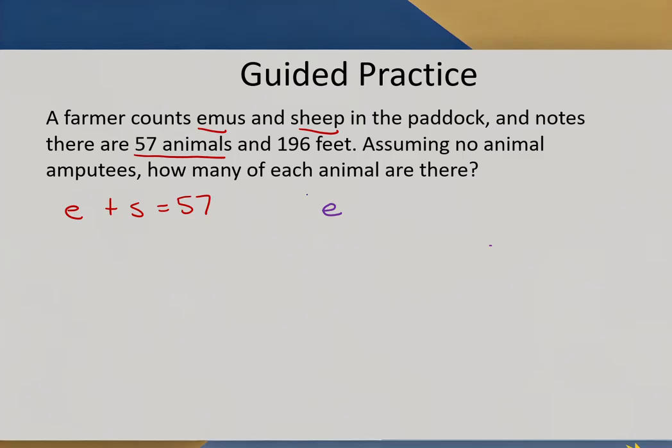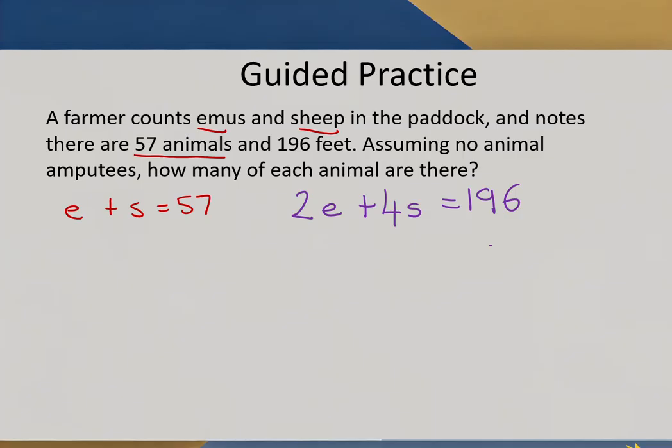Emus have two, so it'll be 2e. And then it's talking about sheep, which is S. How many feet do sheep have? 4, so it'll be 4s, is equal to 196.